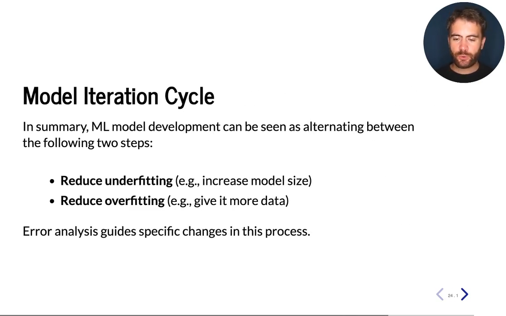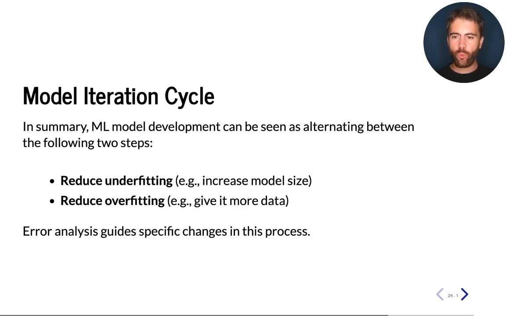And finally, I want to conclude this discussion of bias variance by re-emphasizing that in machine learning, every error that we're making is either an instance of overfitting or underfitting. If we have a model at any point in time, as we're iterating on it, it is either erring on the side of overfitting or on the side of underfitting.